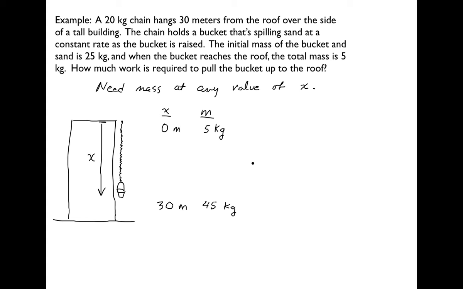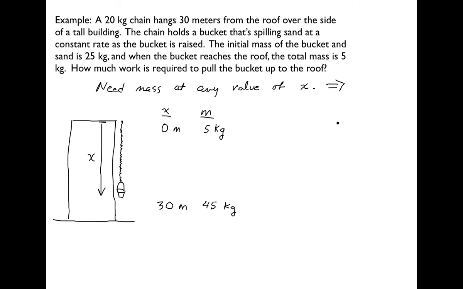So what's the idea behind we need the mass at any value of x? What's the mathematical idea? Someone else. Love the enthusiasm, but we're going to give someone else a chance. If the sand is spilling at a constant rate, then we can divide the mass that was missed by the meters. So that will be 20 divided by 30.